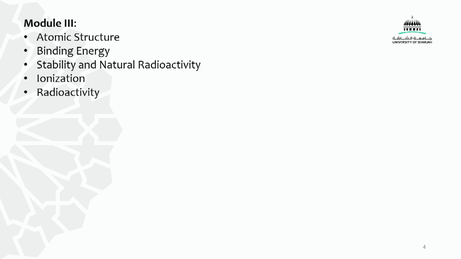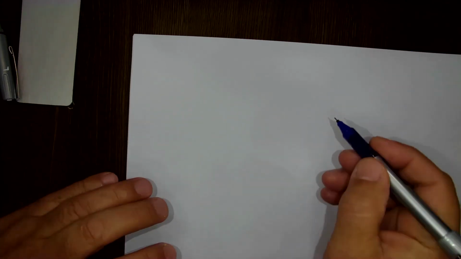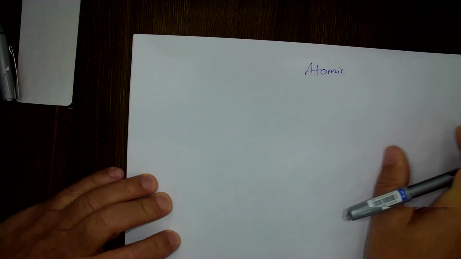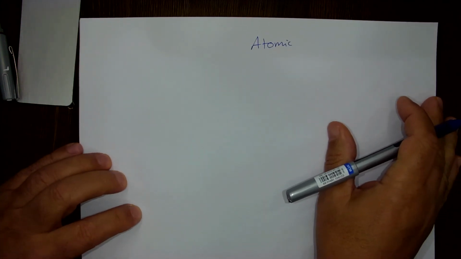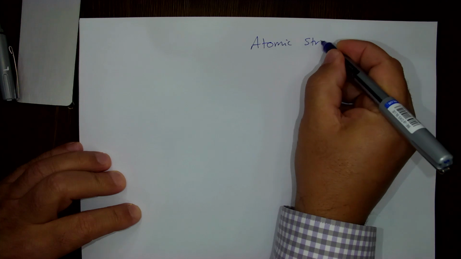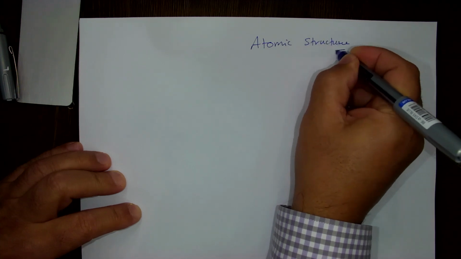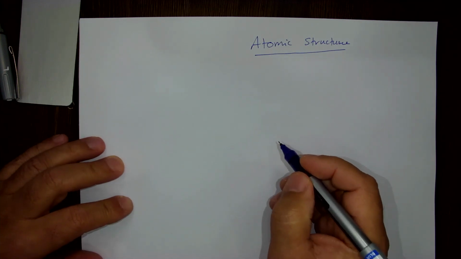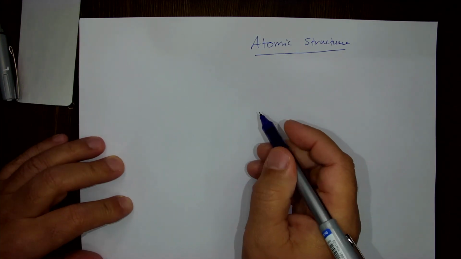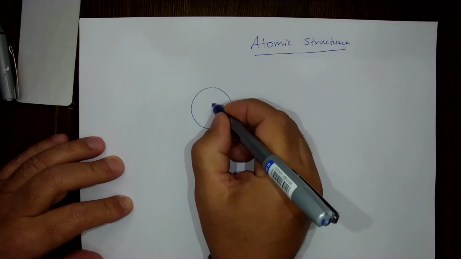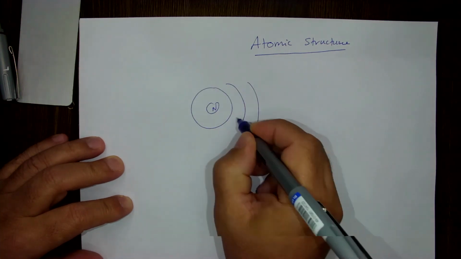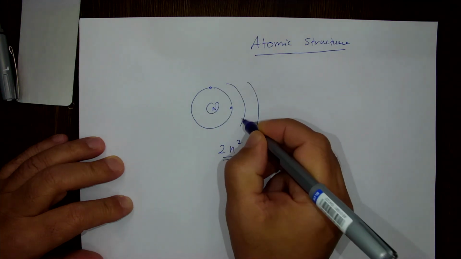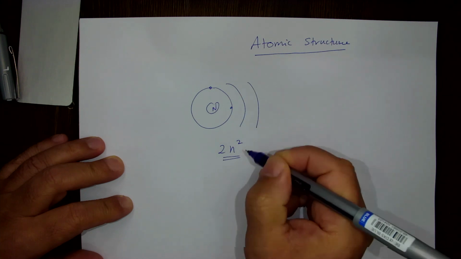Okay, so atomic structure. A lot of the things here are very common. You've seen them before. You have the nucleus, and then you have the orbital electrons, and each orbit can take a maximum of 2n squared.